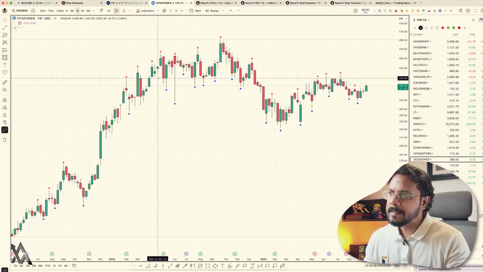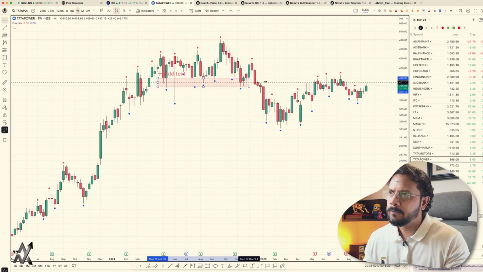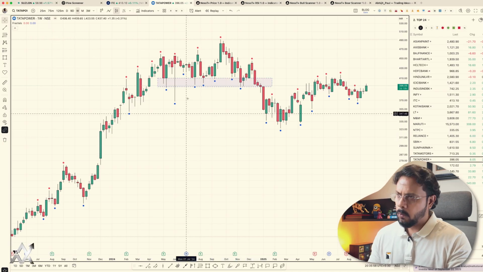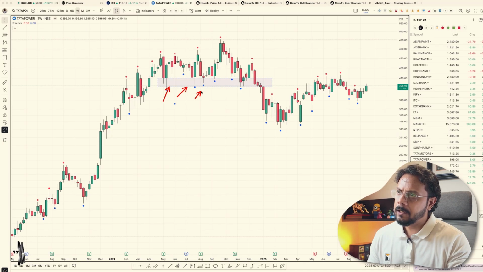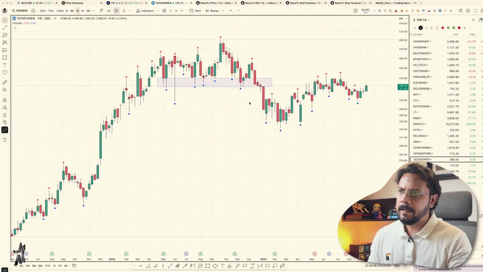So in the past, if I had drawn something like this, and I'll give it a blue color so that we understand I'm talking about support. Was this a support area for this particular stock? Yeah, of course, right? And then it got broken.